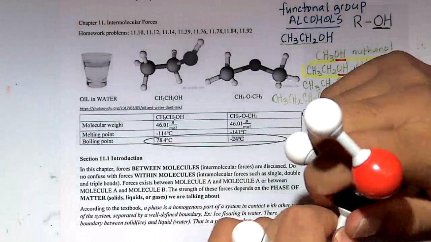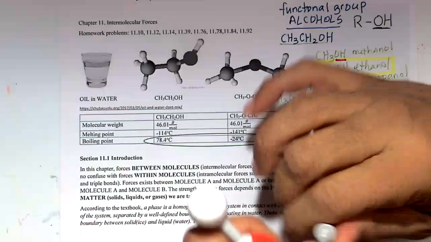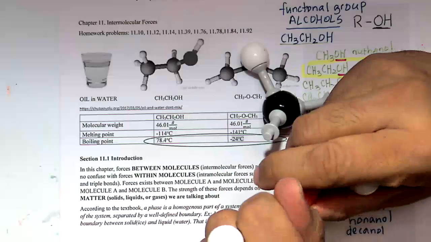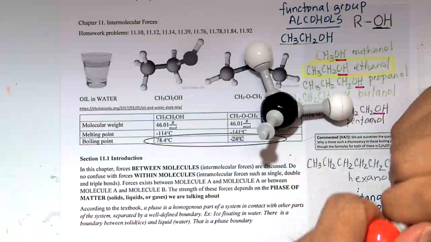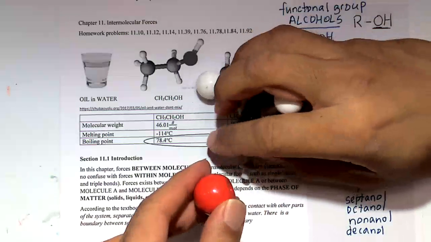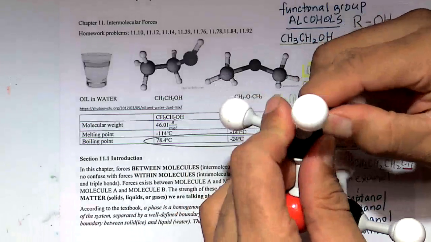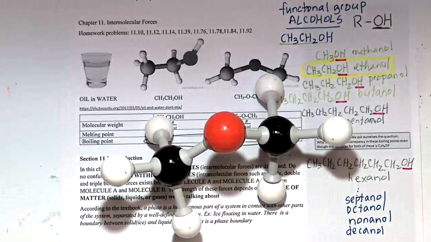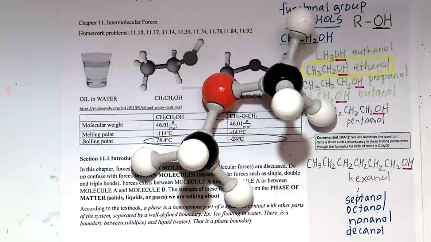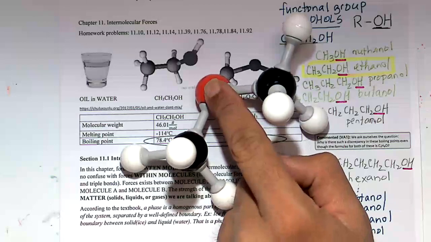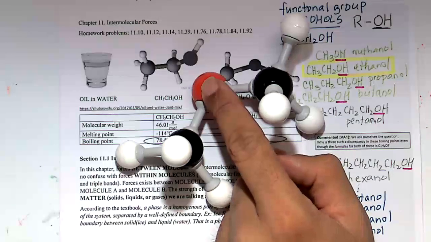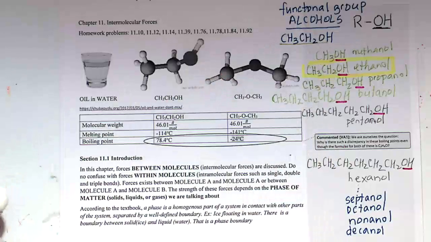There's no magic, no sleight of hand. I'm just going to move things around. So now I no longer have ethanol, right? Now I have the oxygen right smack dab in the middle of the molecule.